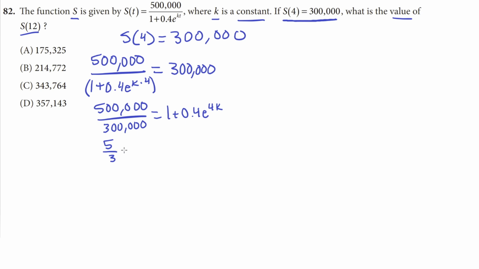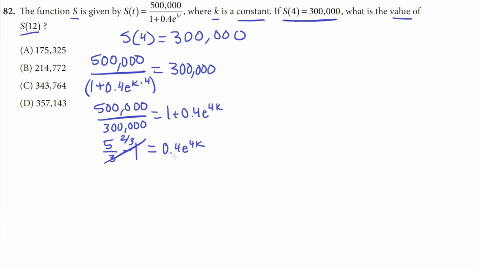Let's move this 1 to the other side. So we'll subtract it from both sides. And we're left with 0.4 e to the 4k. Now 5 over 3 minus 1, that's just equal to 2 over 3.